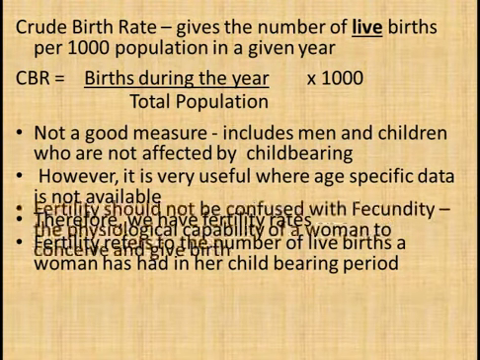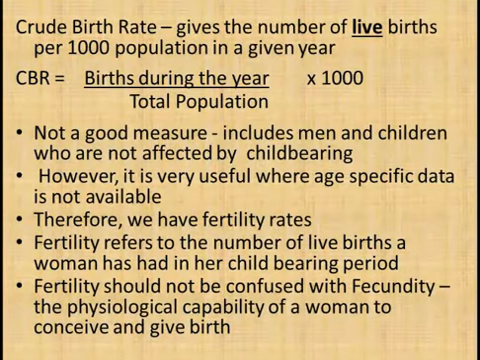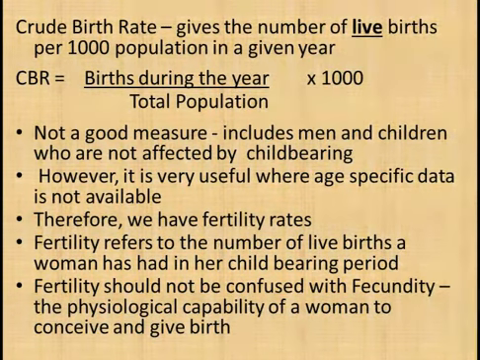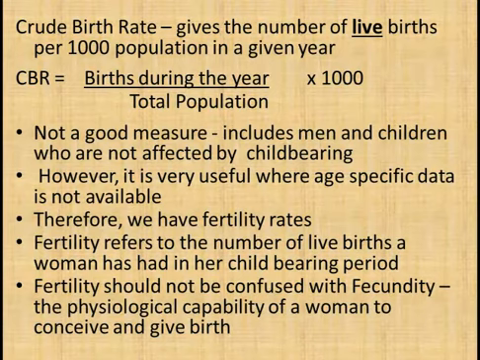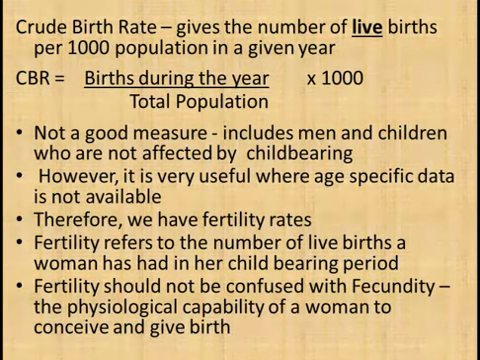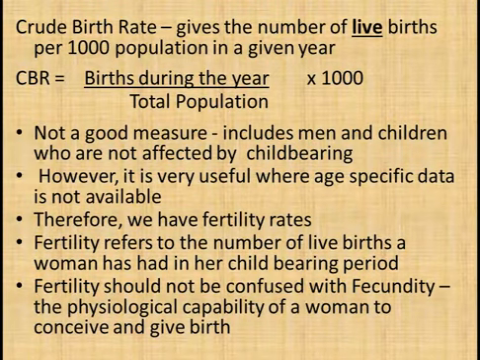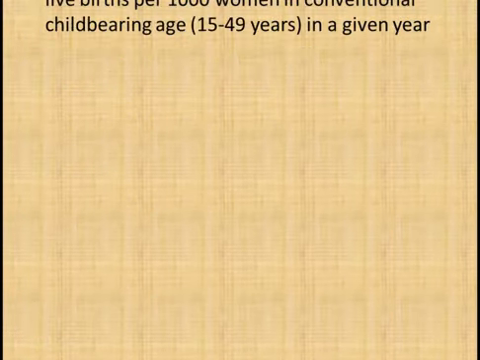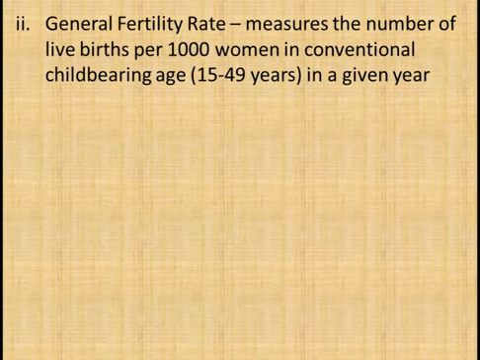Fertility should not be confused with fecundity. Fecundity is the physiological capability of a woman to conceive and give birth, whilst on the other hand, fertility is a voluntary action. And the first measure of fertility is the general fertility rate.